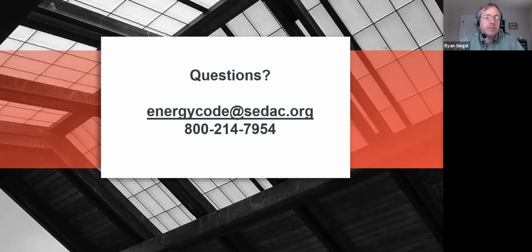So an occupancy sensor will automatically turn lights on and automatically turn them off. A vacancy sensor requires a user input in order to turn the lights on. So it's a manual on with an auto off function.